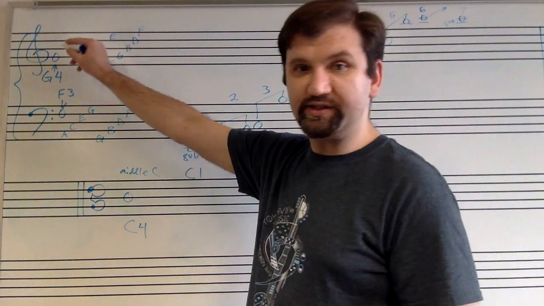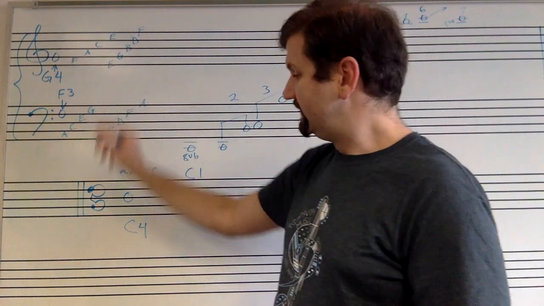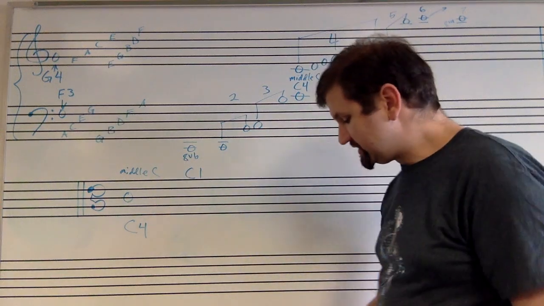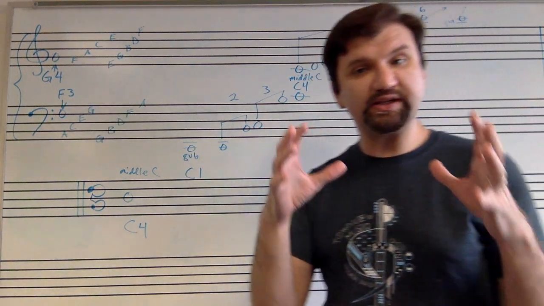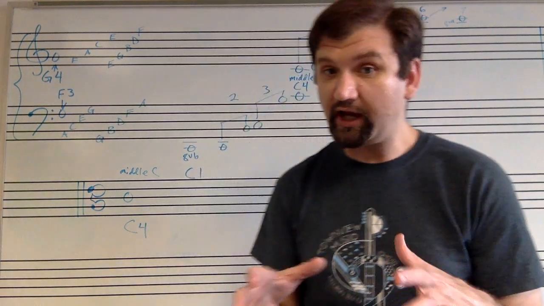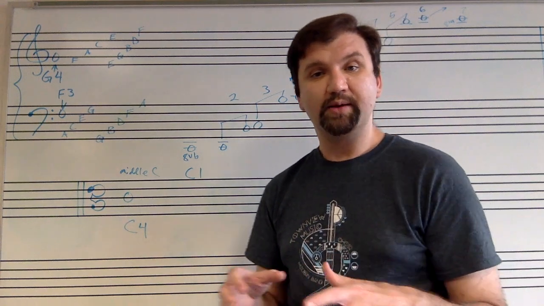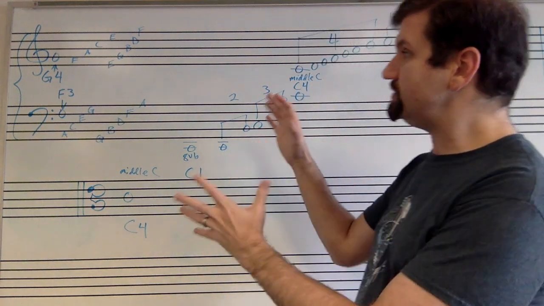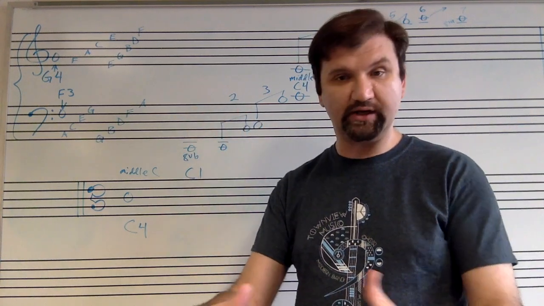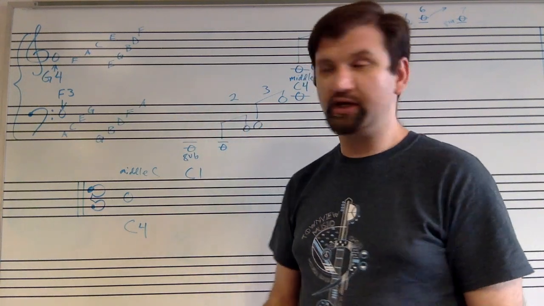So this one points to G4, this one points to C4, and this one points to F3. Which is interesting because they're all in a pretty small area of music. I mean, here's F, here's C, and here's G. They're not too far away from each other. But that's where most of the music making actually happens, in a fairly limited range, in a fairly middle range.